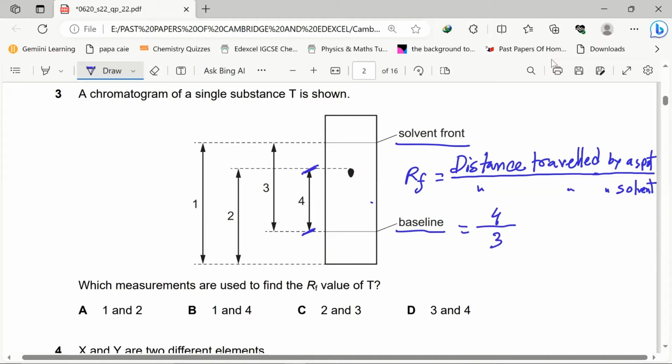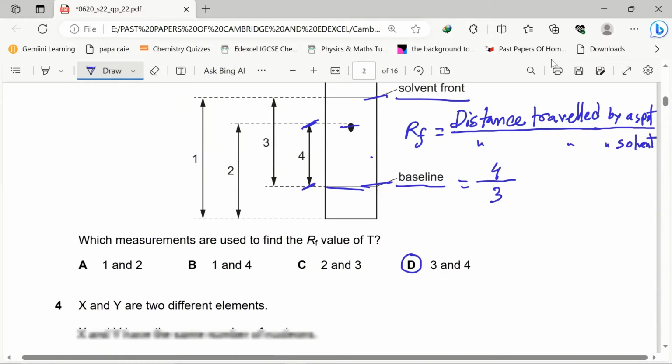So 4 divided by 3. So which measurements are used to find the RF value of T? It's 3 and 4 only. That's it. 2 and 1 do not have any relationship with the measurement of the RF value, because we don't take the measurement from the tip of the paper, rather from the baseline to the spot and from the baseline to the solvent front. So these are the 2 measurements.